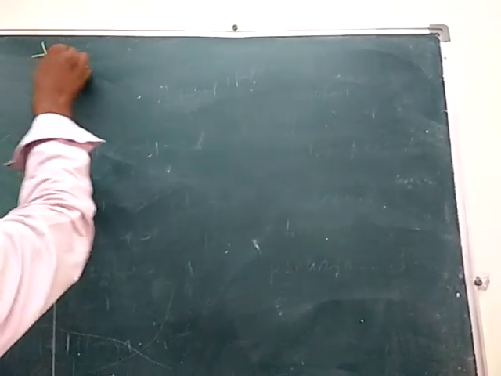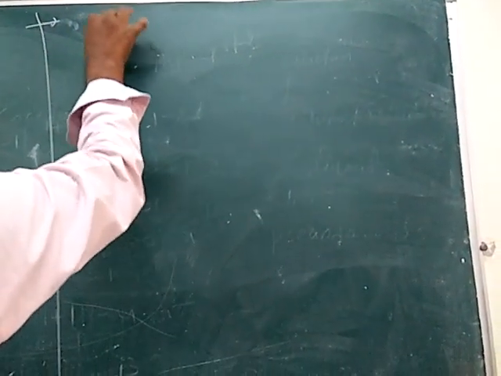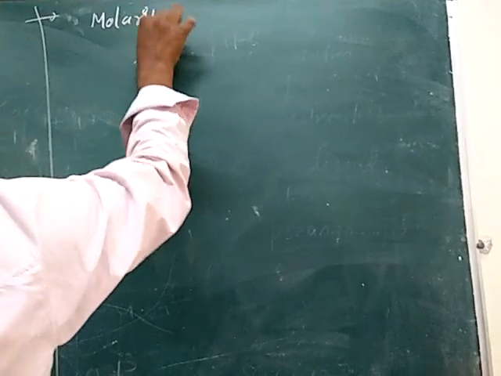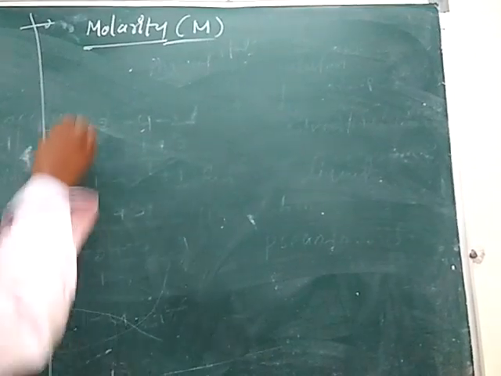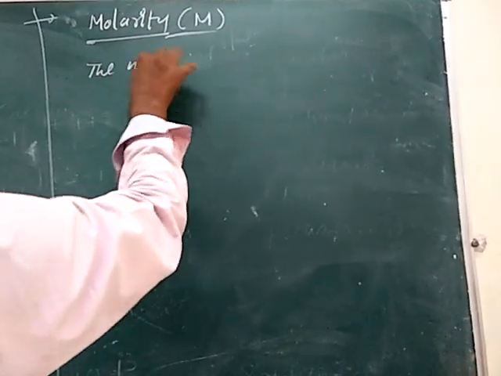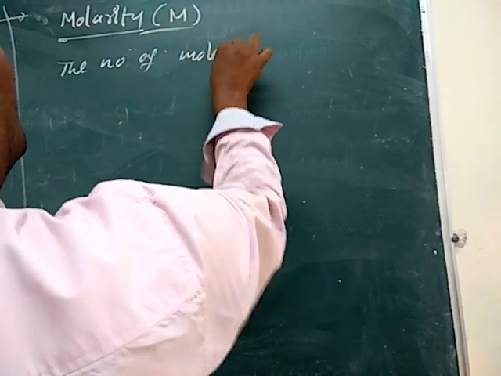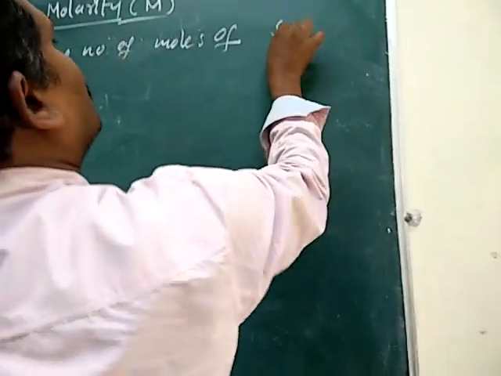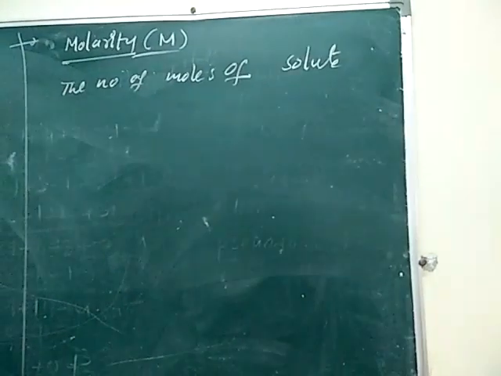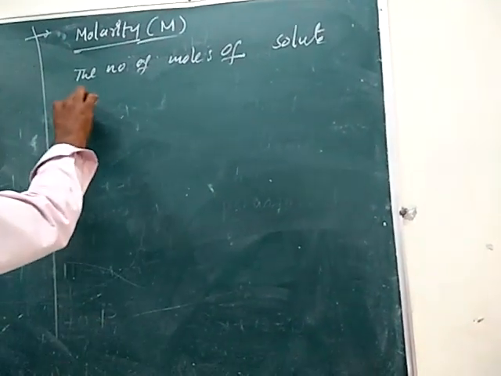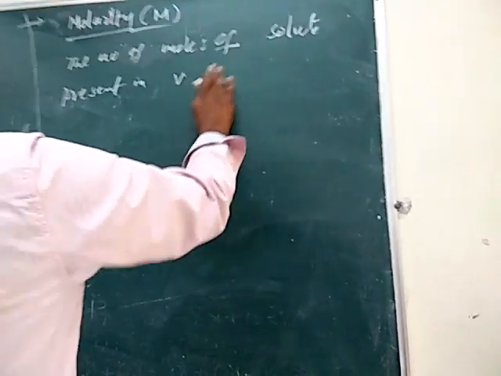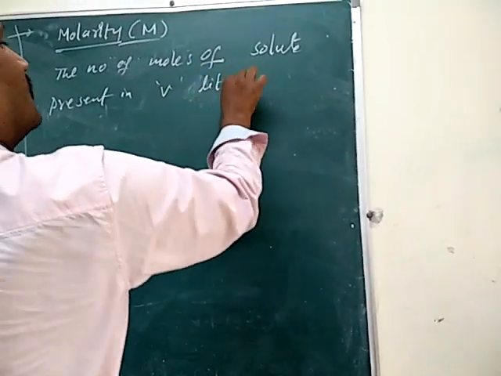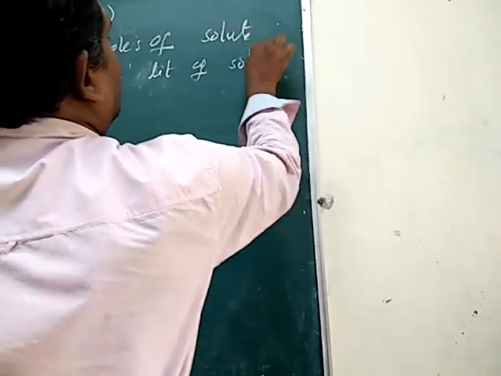Next, molarity. The next important term is molarity. Molarity, capital M, means the number of moles of solute present in V liters of solution.